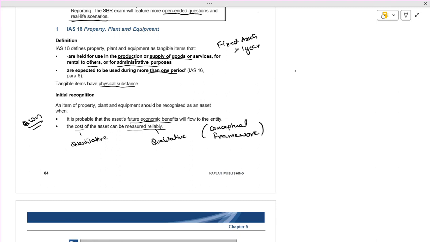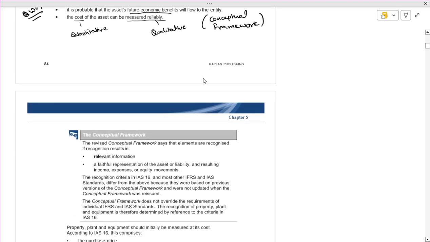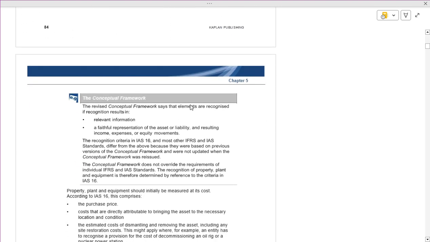See, once you go through this lecture, automatically you will have more clarity. What does the conceptual framework say? It says that the elements should be relevant and should be a faithful representation. As simple as that. We say it is going to be true and fair.